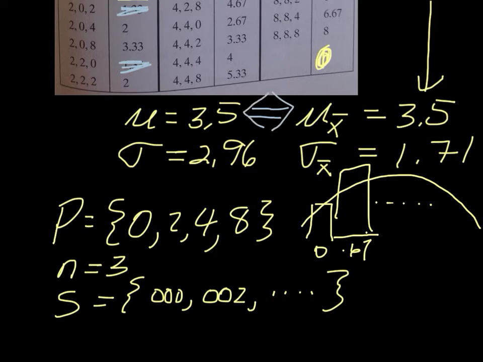So 2.96 divided by square root 3, and we get not exactly, but approximately 1.71. So what that tells me is that this sampling distribution shows me that the central limit theorem is true if you can get all samples of the same size. So that's a pretty good deal, and that's a pretty strong theorem.